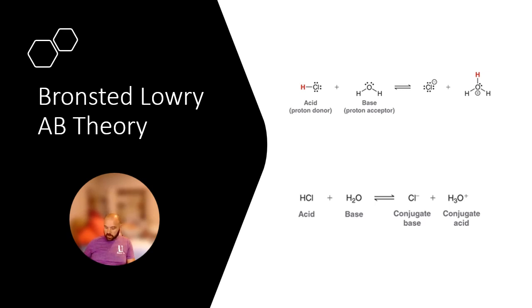So while this takes place, we would see a very minute amount of the conjugate acid coming back the other way and becoming HCl and H2O in the other sense as well. So in that direction, the H3O+ is giving a proton back to the chloride ion, reforming the HCl and the H2O, and that's why it can be called a conjugate acid and a conjugate base.